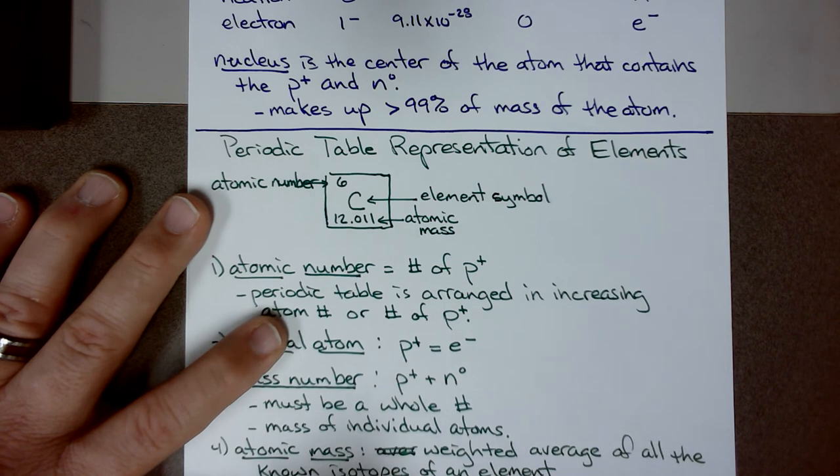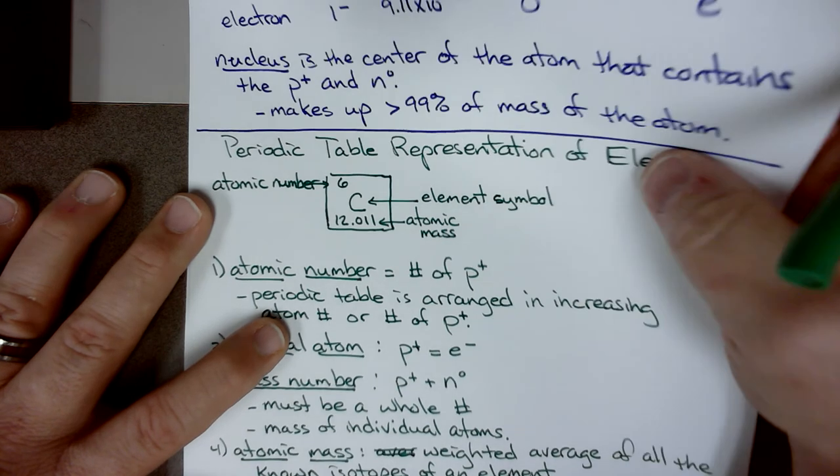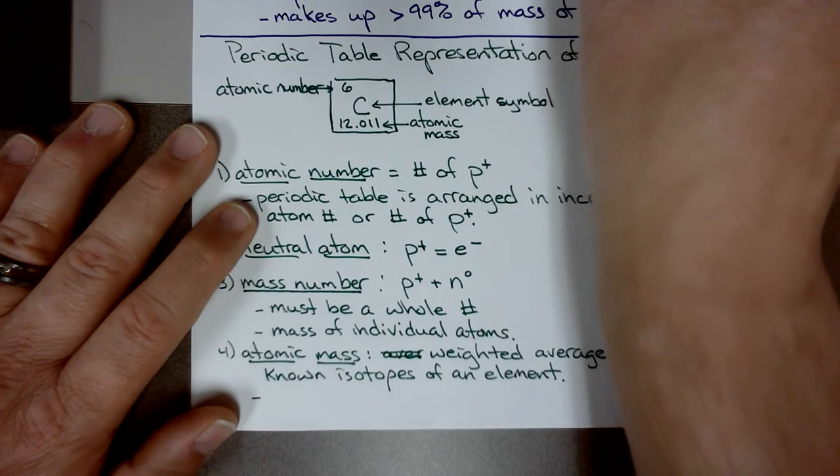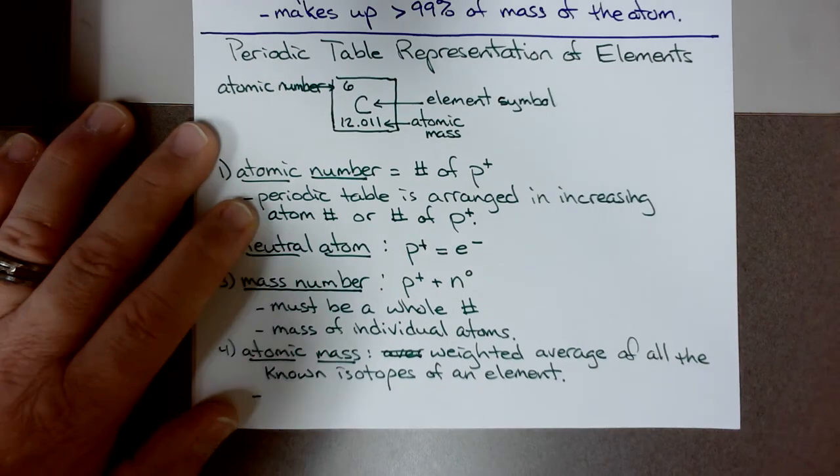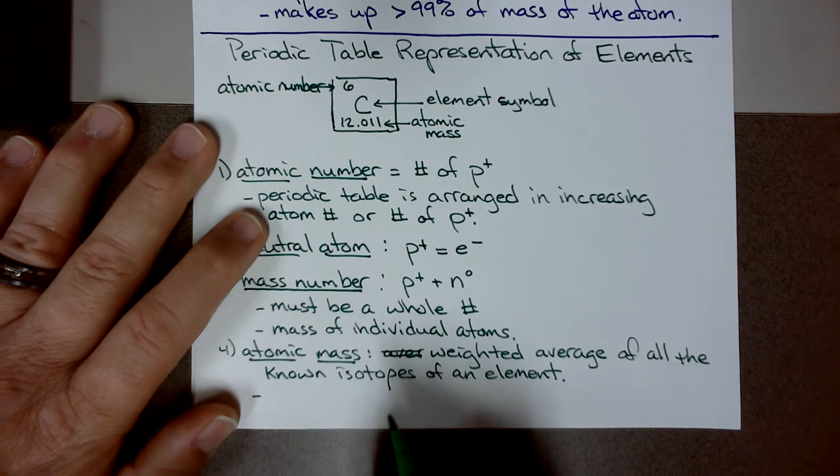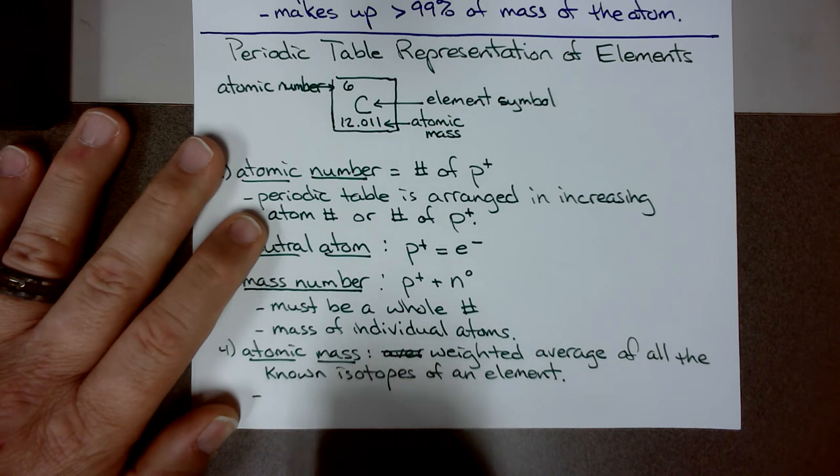And we can also determine the most abundant isotope by rounding the atomic mass to the nearest whole number.